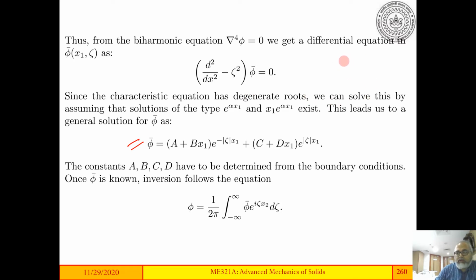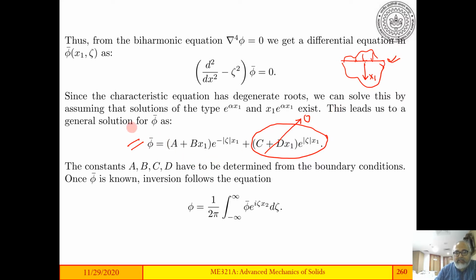Now, this is my half plane and this is my x1, and here is my pressure loading, and I expect that as x1 tends to infinity, my stresses should all die down to 0. And that cannot happen if this term is there, because this term goes towards infinity as x1 tends to infinity, and that obviously implies that this has to be equal to 0 for these kinds of problems.